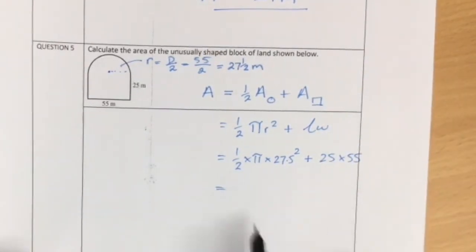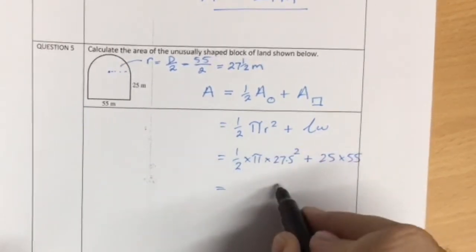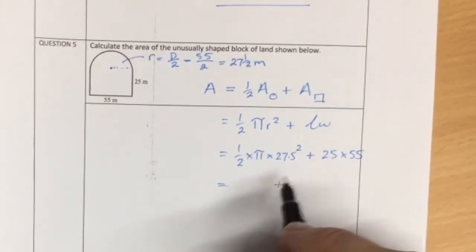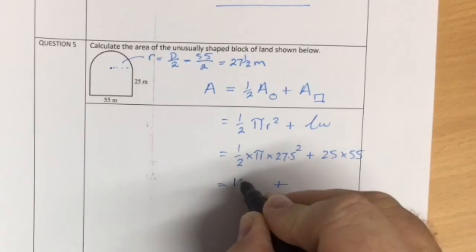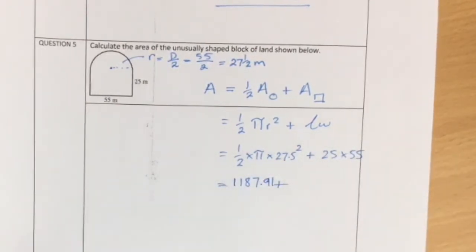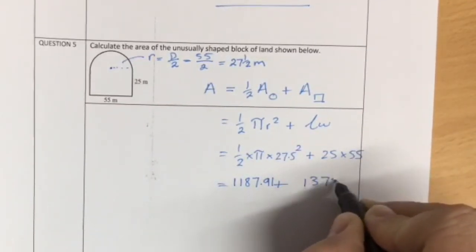At this point I'm pretty happy just to key all that straight into the calculator. I might just get this answer and then add that to the other one, just to see if we're not doubling up on mistakes. So the semicircle will end up being 1187.91 and change, and 25 times 55 gives us 1,375.